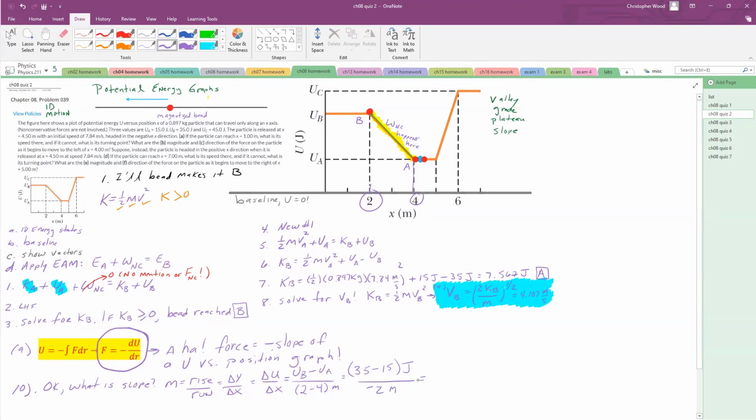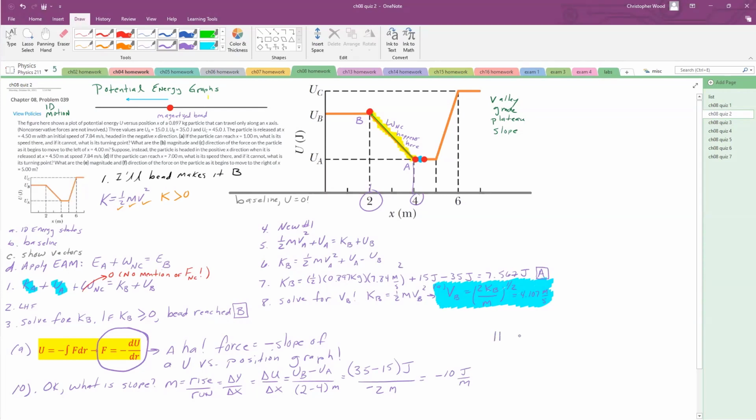So you know what that equals? 35 minus 15 divided by -2 is -10. That slope is -10 joules per meter.